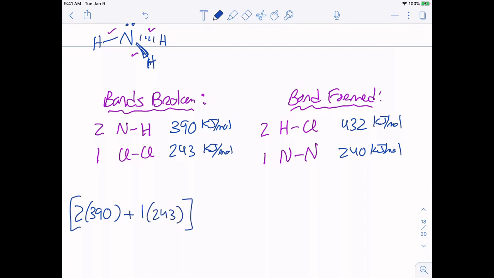Mathematically, you could skip that one, but if it's not 1, I just want you to see how you would do it. And then subtract from that, I have 2 HCl's, so 2 multiplied by 432. I have 1 nitrogen, so 1 times 240. All of these are in kilojoules per mole, so my units are going to come out as kilojoules per mole.